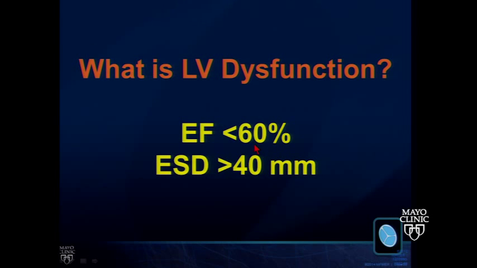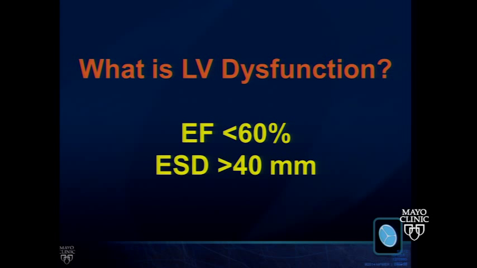The other measurement that's a wonderful measurement to use is the end systolic dimension. And this goes back to your pressure volume loop. Because remember, in your pressure volume loop, that measurement of intrinsic contractility is that maximal elastance line, the end systolic pressure volume relationship.